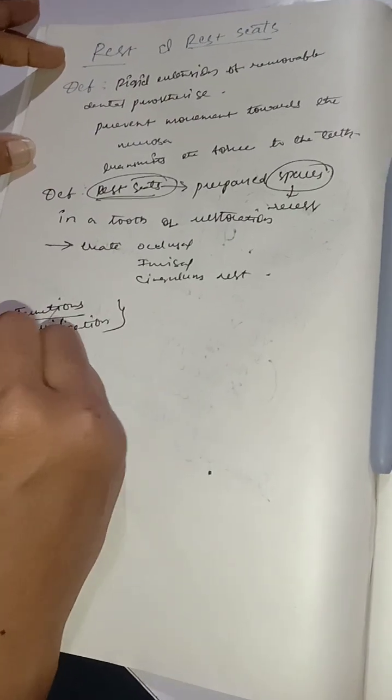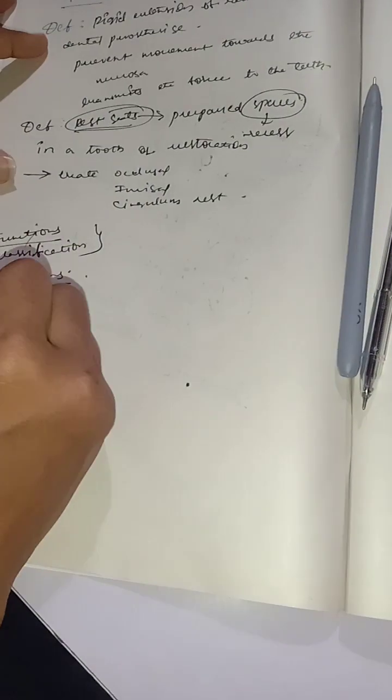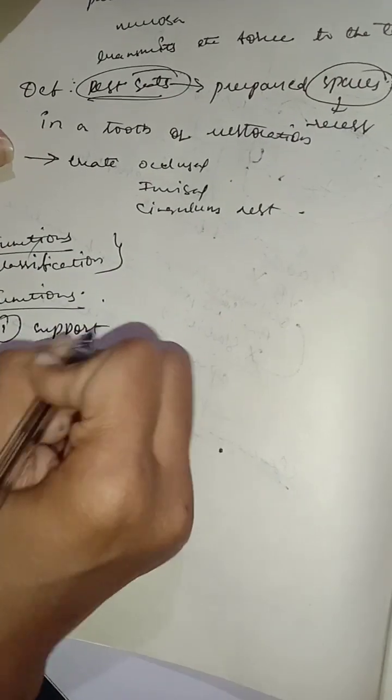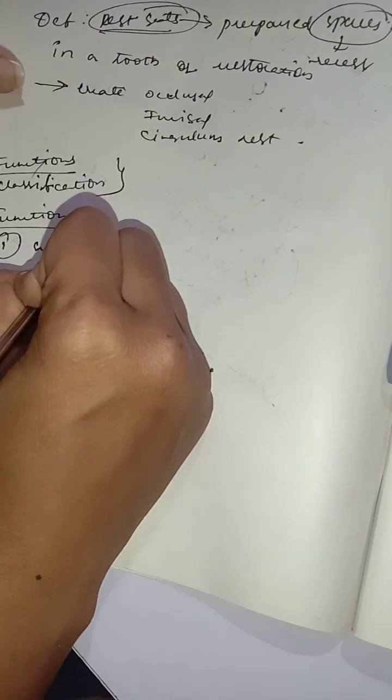Now, what are the functions of rest? As we know, for everything there is one proper function, that is support. The primary function of the rest is to support the RPD.